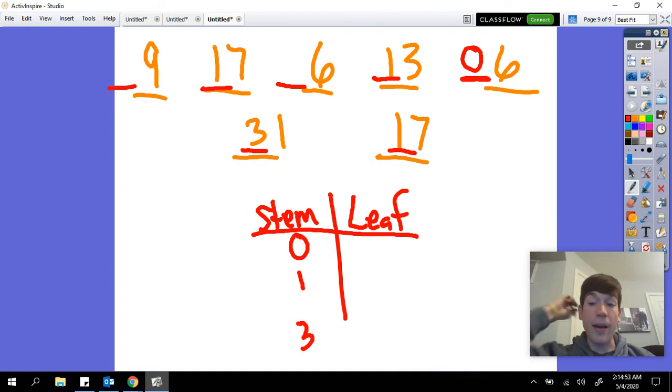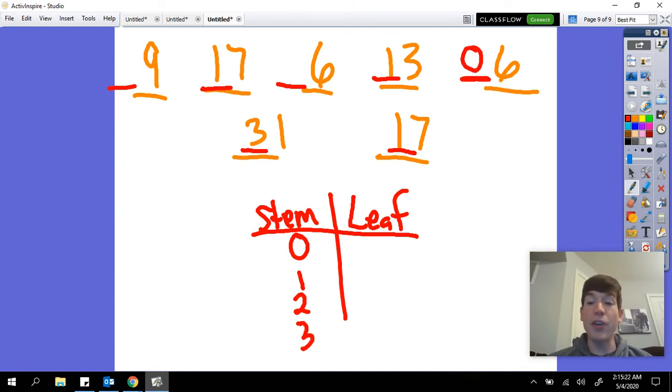And remember we talked about last week that if there's an instance where your stems go from 0, 1 to 3, if they don't go in order, then we always still want to include that extra stem. So it's okay and actually the best way if you put that 2 in there to represent the numbers in the 20s, even though we don't have any numbers in the 20s, that means we'll just leave our leaves open in the 20s.